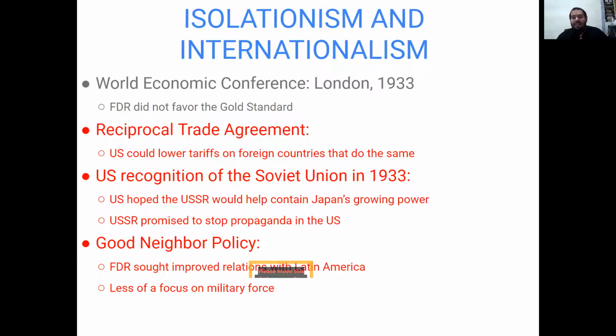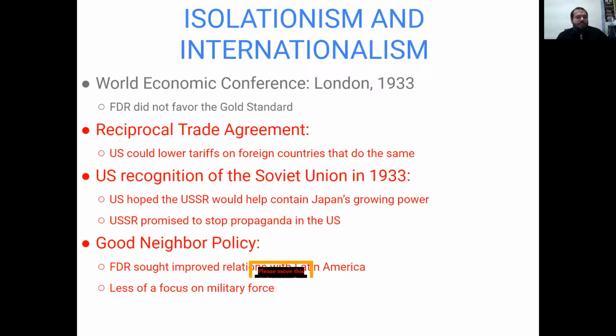I mean, Japan is an archipelago, a group of islands, so being friendly with the Soviet Union would prevent Japan from expanding. The USSR would promise to stop propaganda in the United States during this time. They had a very good propaganda inside scoop in our country.